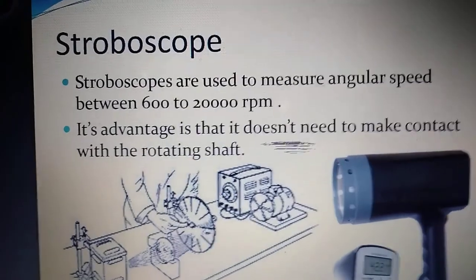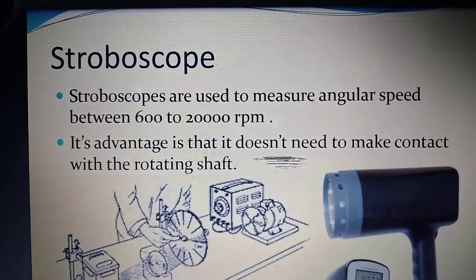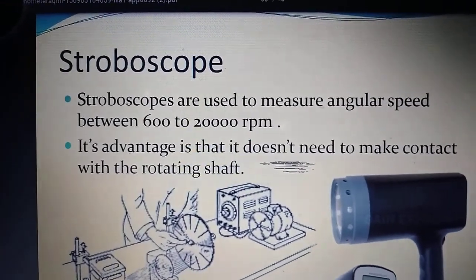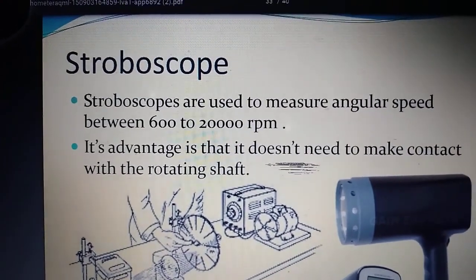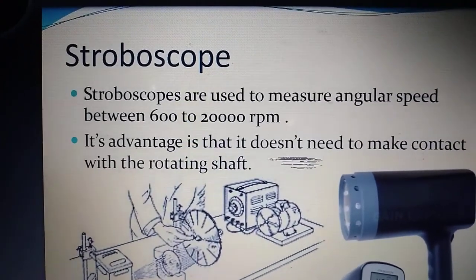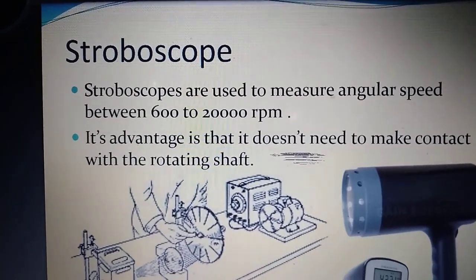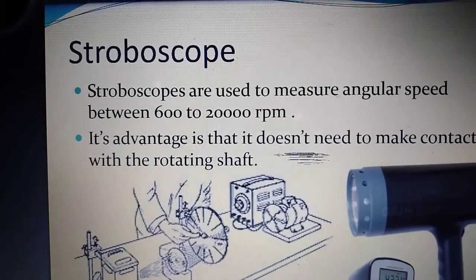What is the stroboscopic effect? Here, high-speed vehicles are moving in the forward direction, but the light intensity frequency we observe is not matching with the speed of the vehicle. So what our eyes see does not match the frequency of the vehicle.